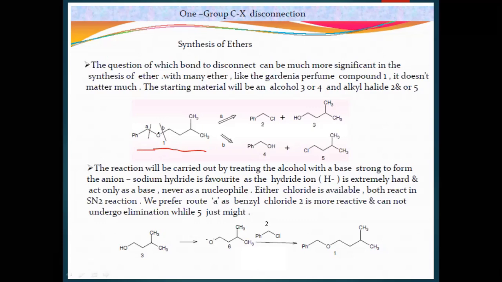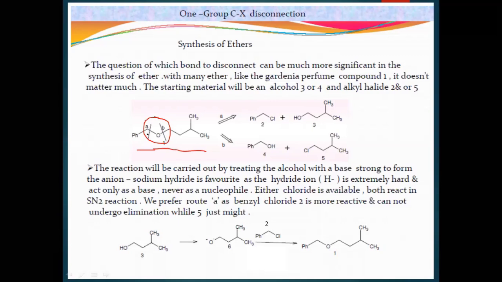There is only one C-X group available in the target molecule, and in this case X is O. While synthesizing this, if you do the disconnection correctly, you will get the suitable synthetic equivalent. So do we need to follow path A or path B? Because both C-O bonds are available.